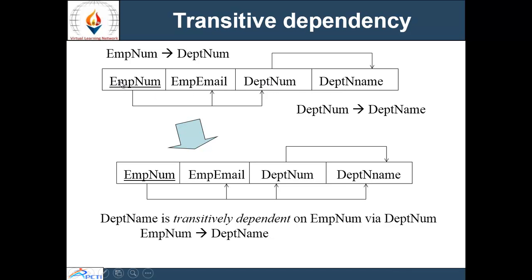There are total 4 attributes: EMP number, EMP email, department number and department name, from which EMP email is dependent on EMP number and department number is functionally dependent on EMP number, but department name is dependent on department number. Here the department number is dependent on EMP num. It means there is a transitive dependency between the EMP num and department name.